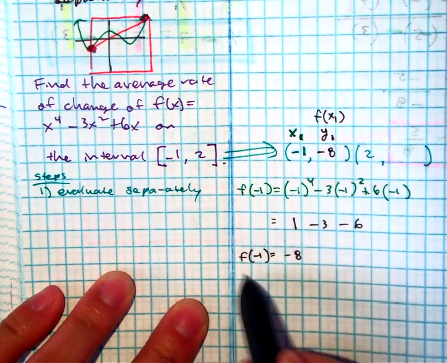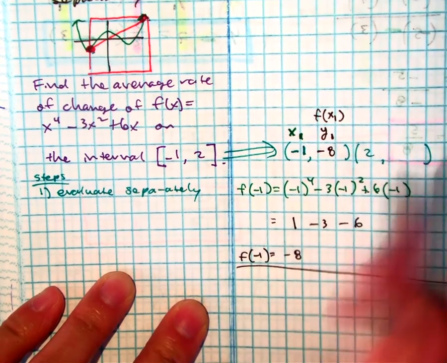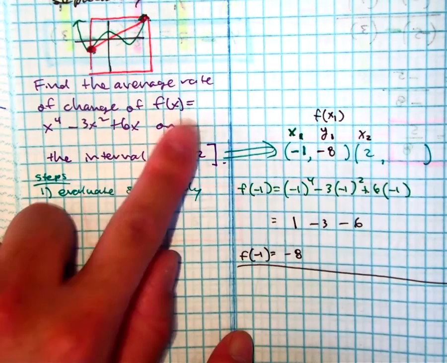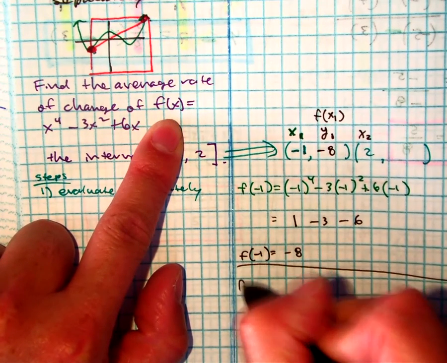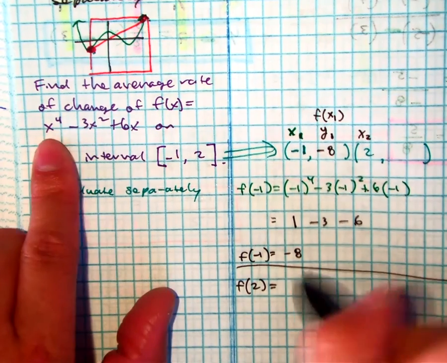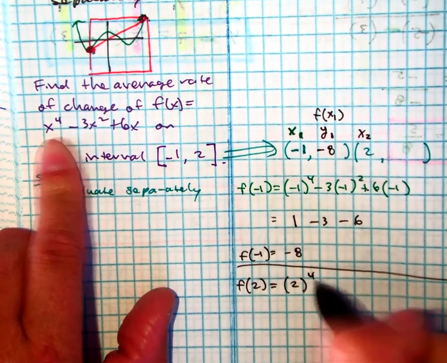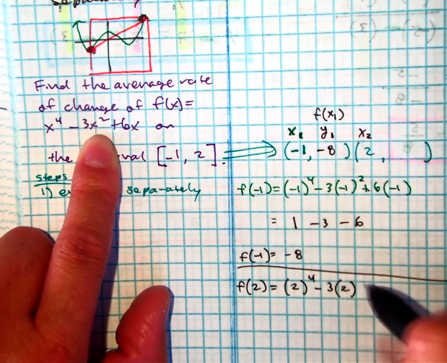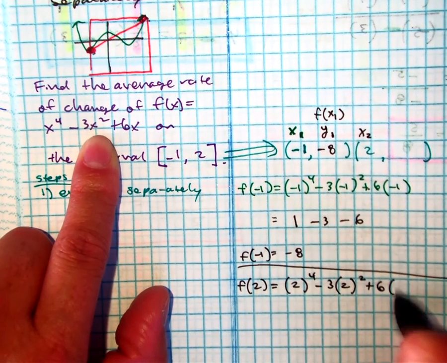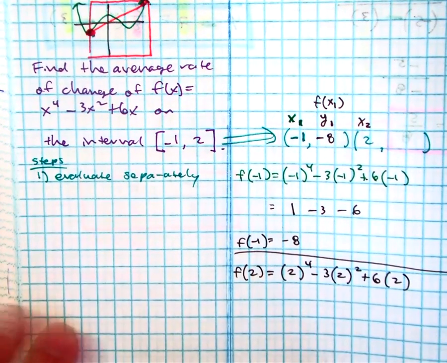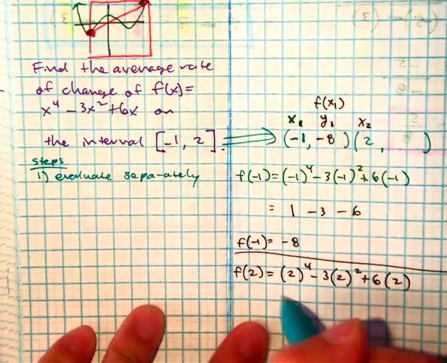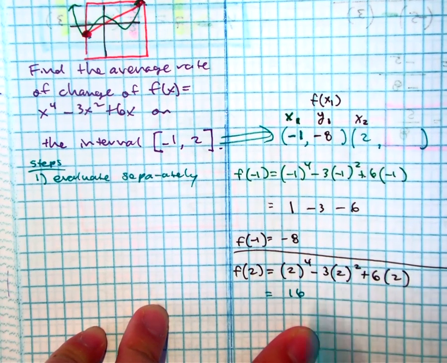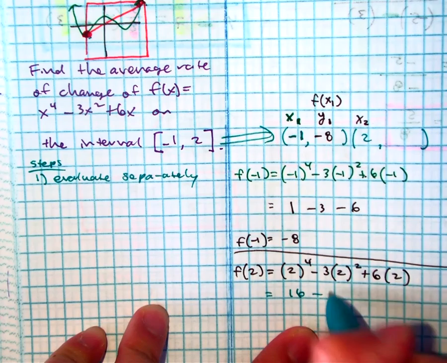And then the next thing we're going to do is, well, I need that second ordered pair, so I'm going to substitute 2 and we're going to get an output. We're going to put it into this function. So f of 2 equals 2 to the 4th power minus 3 times 2 squared plus 6 times 2.